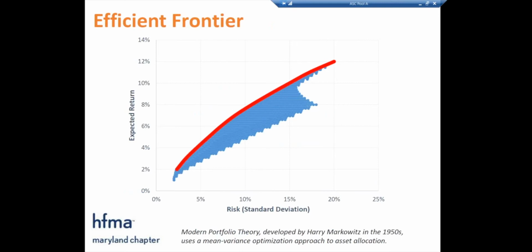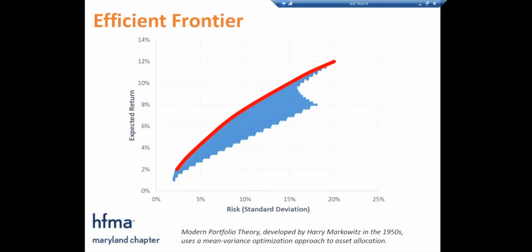So if we just pick a point, say on the horizontal axis where it says risk standard deviation, and we look at the line where it says 15%, and we trace that line upward, follow with our eyes all the way up to the red line, you can see that there are many portfolios with a level of risk of 15%, but there's only one that has a maximum amount of return at that level of risk.